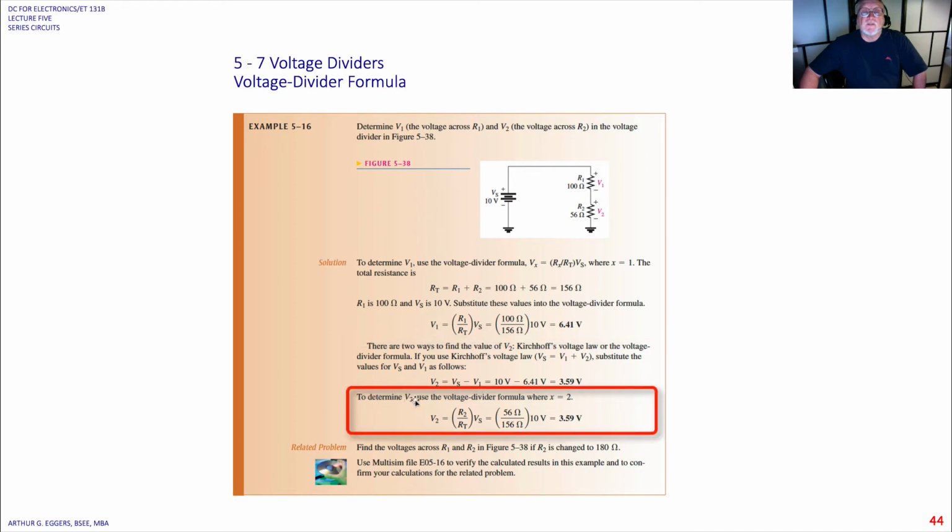To determine V2 using the voltage divider formula, where x becomes 2, now we have 56 for R2, over 156, times 10, and we get the same 3.59 volts. So you can see we're starting to develop that you can get the answer using a number of relationships that we've learned.